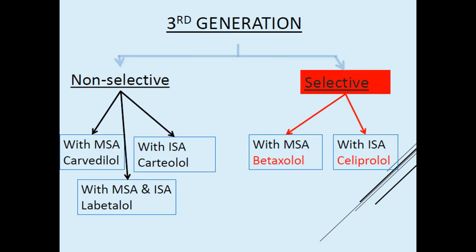Third generation non-selective: carvedilol with membrane stabilizing activity, carteolol with intrinsic sympathomimetic activity, and labetalol with both. And then selective: betaxolol with membrane stabilizing activity, and celiprolol with intrinsic sympathomimetic activity.